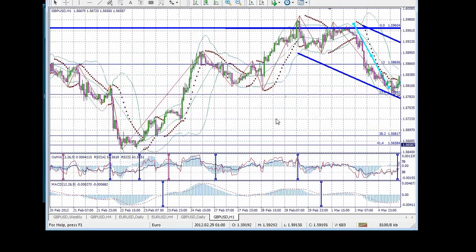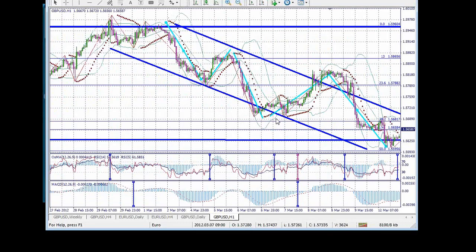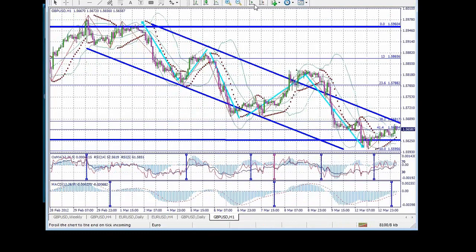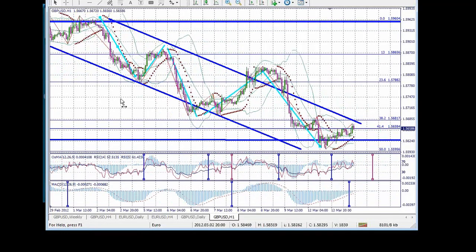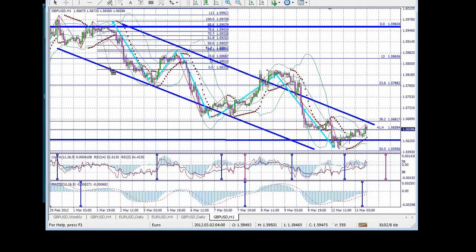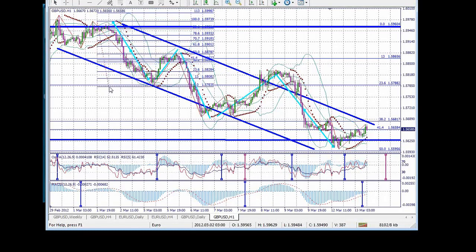I will magnify this, and now we have to measure all those waves actually, and here is starting wave 1.